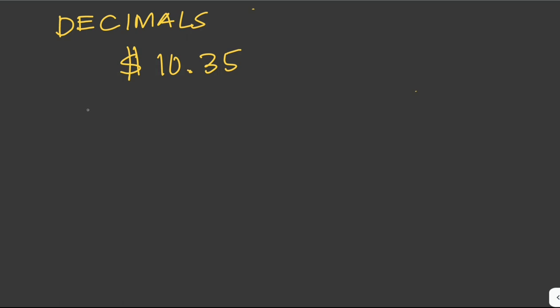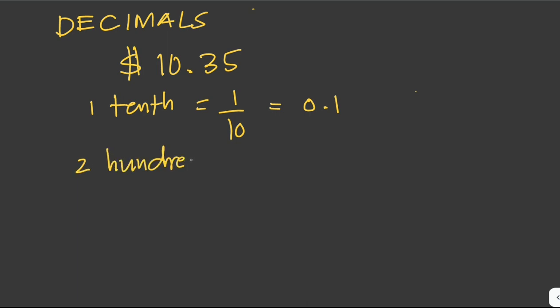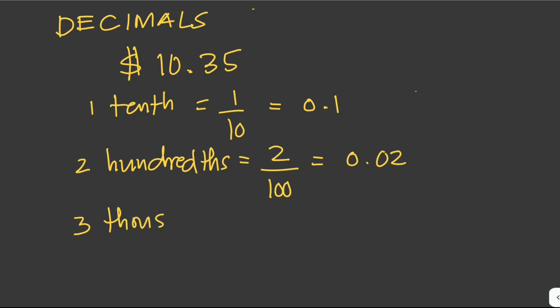cents. So when we say 1/10, we can write this as 1 over 10 or 0.1. I would say 2/100. So we can write this as 2 over 100 or 0.02 or 3/1,000.